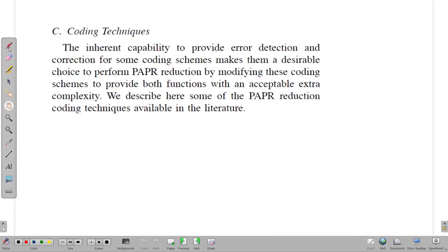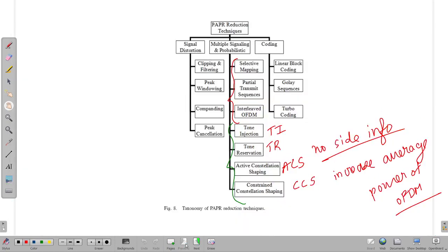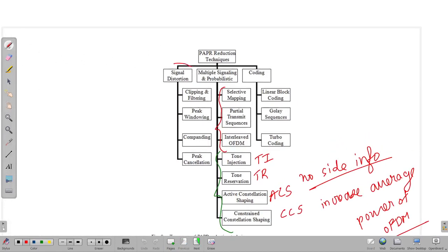So far we have learned about signal distortion techniques, the techniques which actually change the information in the symbol, or add some distortion to the original signal. They are very primitive methods: clipping and filtering, peak windowing, companding, peak cancellation.